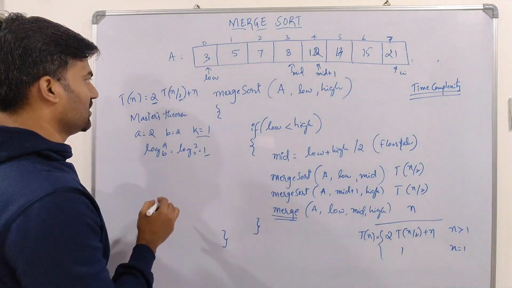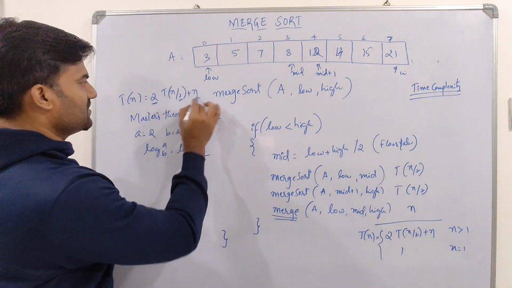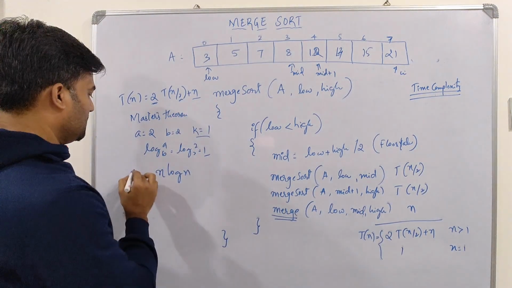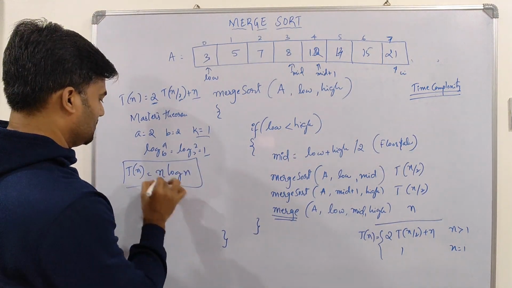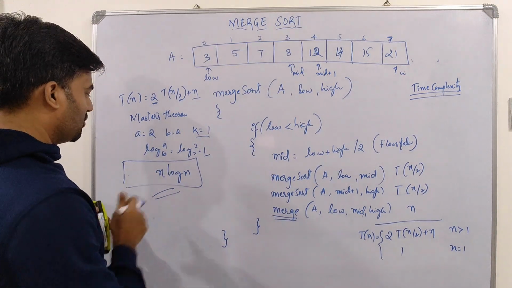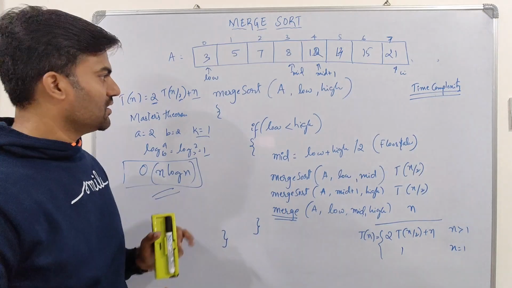So for that it becomes n log n. So our time complexity is of order n log n.